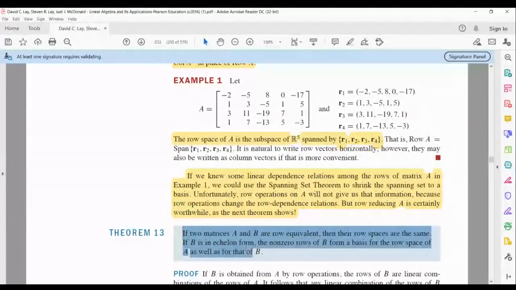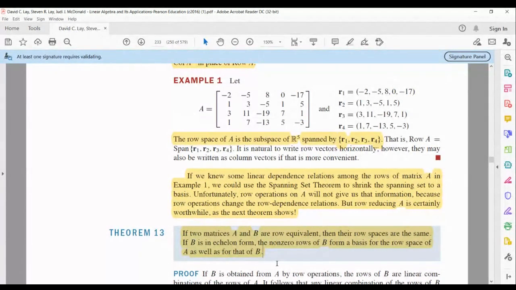Theorem 13 says that if you have two matrices, A and B, that are row equivalent, then their row spaces are the same. See, that's not true for the column space. For the column space, in the matrix in reduced echelon form, the pivot columns will determine the column vectors of the matrix A that form the basis for the column space.